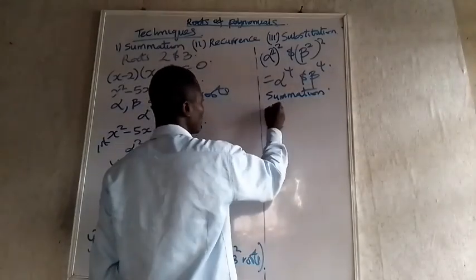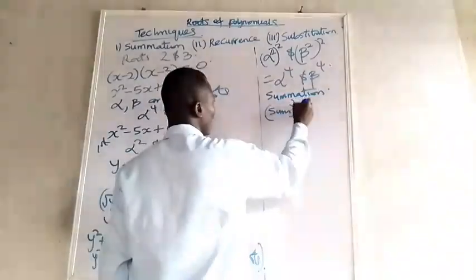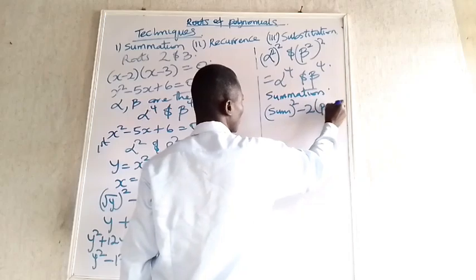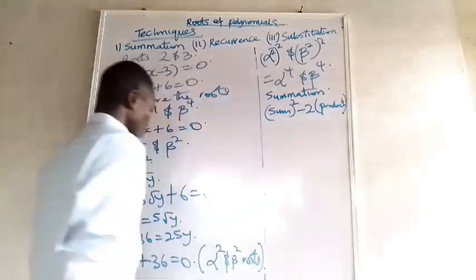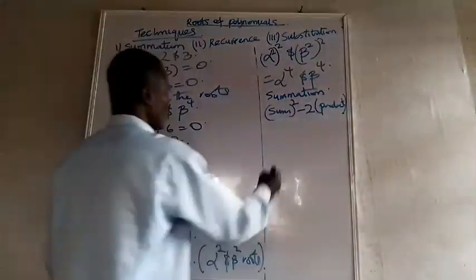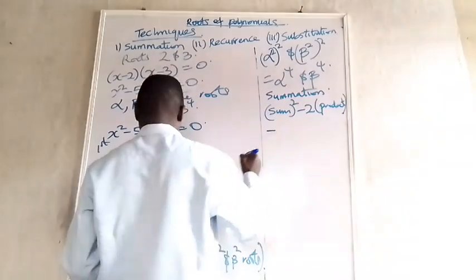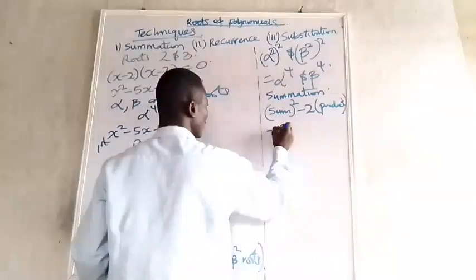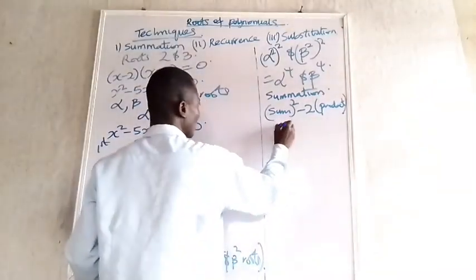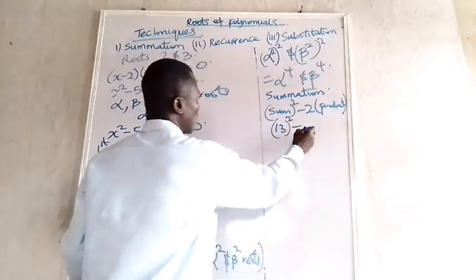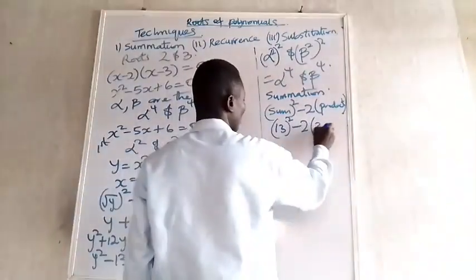That is the sum squared minus 2 times the product. Remember, the sum is 13, so that is going to give me 13 squared minus 2 times the product, which is 36.